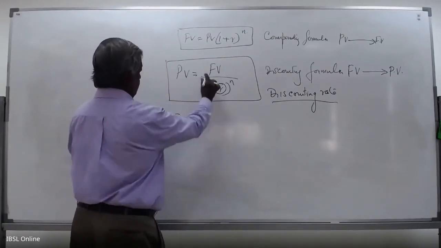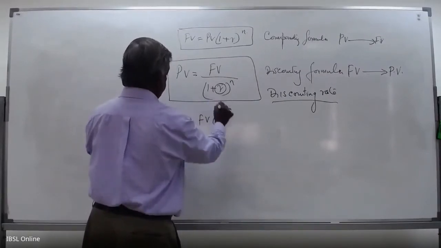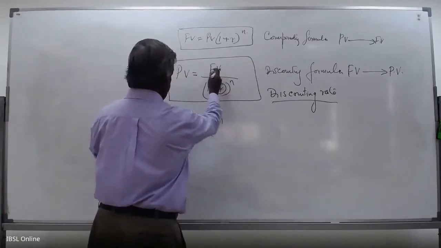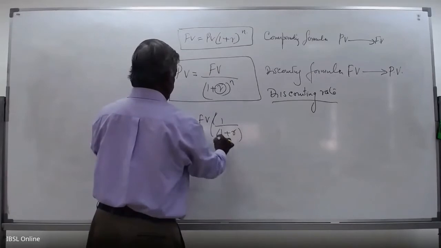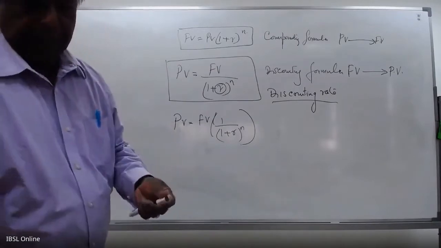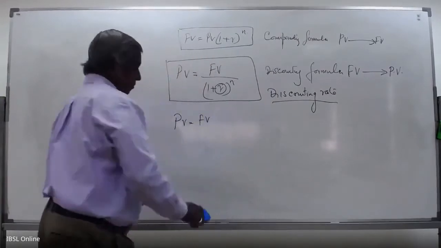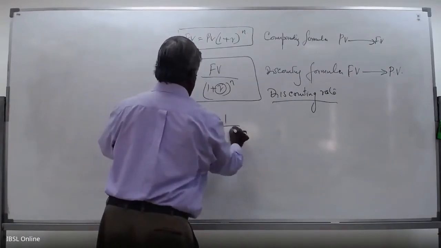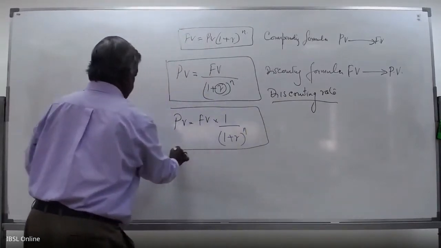PV is equal to FV, I am taking out, into 1 divided by 1 plus R to the power N. Or otherwise, without that bracket also you can write FV into 1 upon 1 plus R to the power N. This also you can write. See?